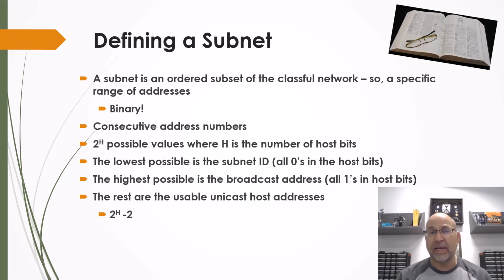Works every single time. I'll show you some examples. But that's how you figure out what your range of possible addresses are. The rest of the addresses are unicast host addresses, meaning that you assign them to one particular node, and that's it. So we can't use the lowest, we can't use the highest: 2 to the h minus 2. That's why it works out that way.